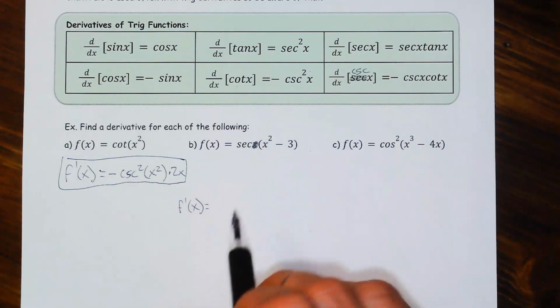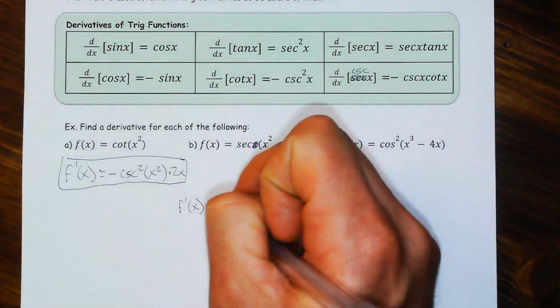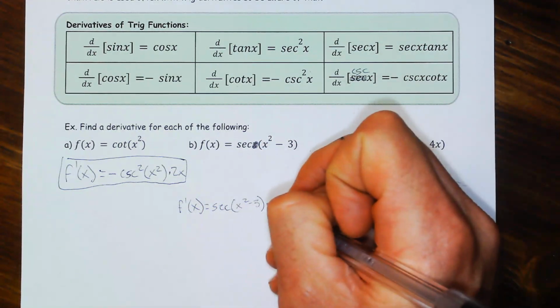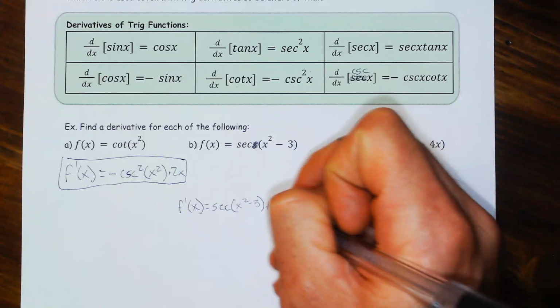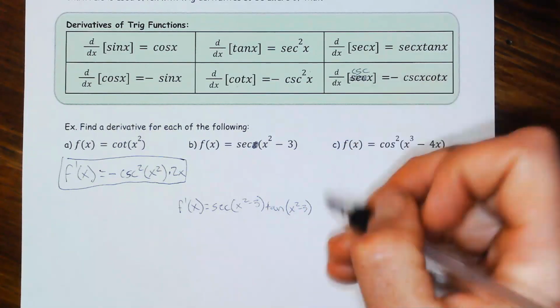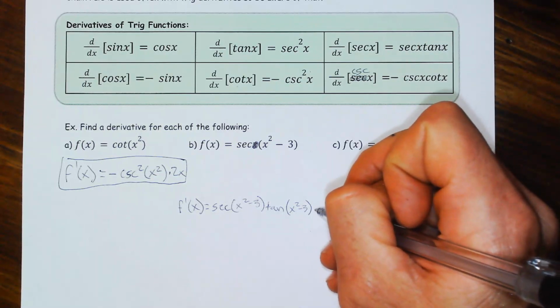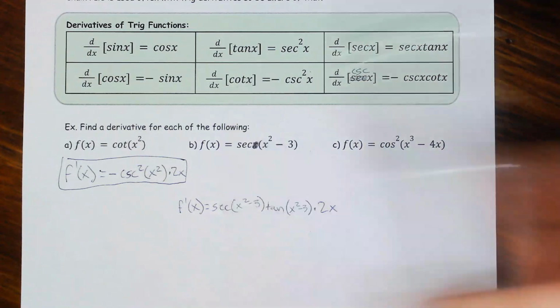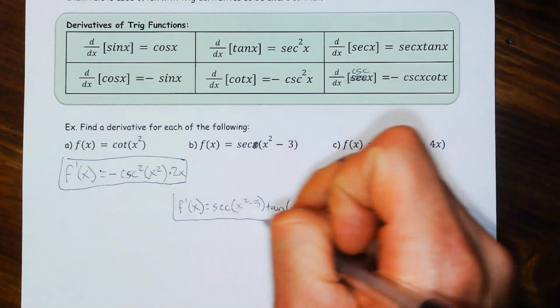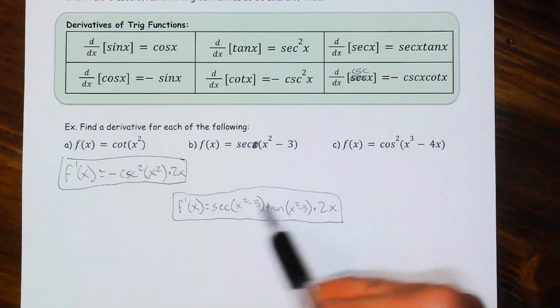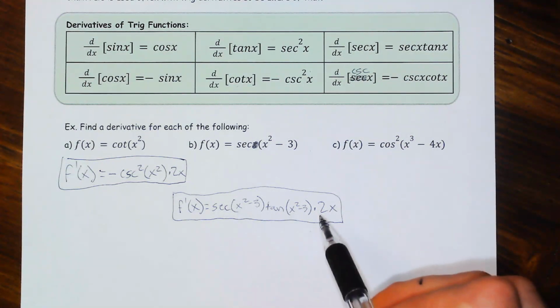F prime of x, it's going to be secant x squared minus 3 times tangent x squared minus 3. And then the derivative of x squared minus 3 is 2x. So once I take care of the secant, I have to use the chain rule to take care of the derivative on the inside. Notice how the x squared minus 3 went to both the secant and the tangent in that derivative.